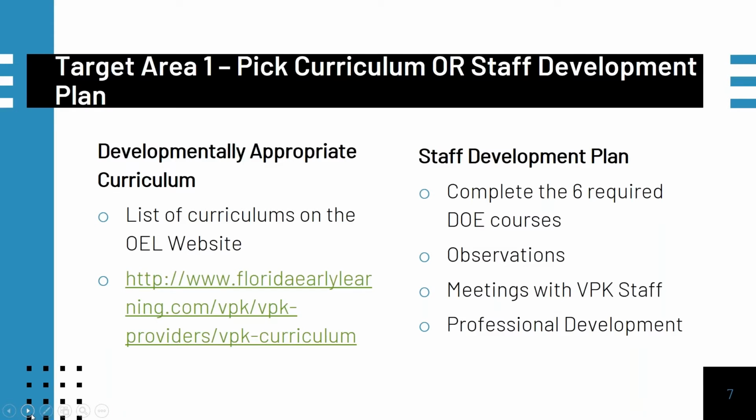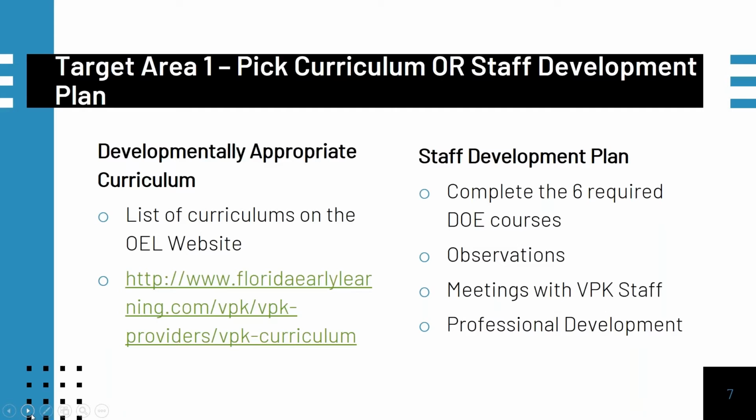So when you're choosing a VPK curriculum, just make sure that it's also one of the school readiness curriculums. That way you don't have to worry about purchasing 2 completely new curriculums. So just be aware of that.